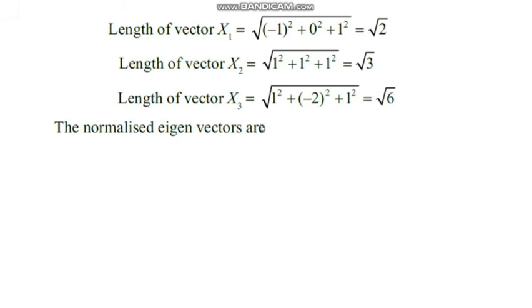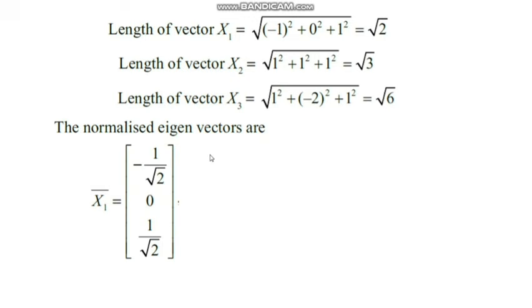Now the normalized eigenvectors of the matrix A are as follows. The first eigenvector has elements -1, 0, 1, but for the normalized eigenvector, every element is divided by its own length. That is why the first normalized eigenvector is -1 by root 2, 0, 1 by root 2.